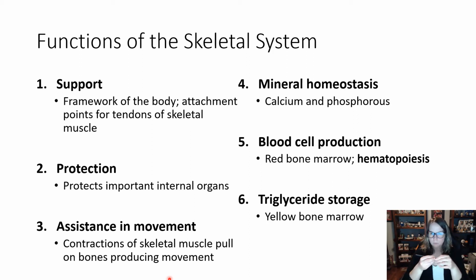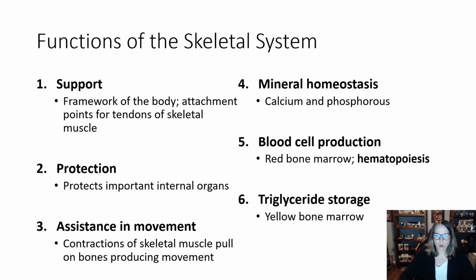So it's kind of interesting how we have different systems that are working together to create red blood cells. Now, red bone marrow is found at the ends of our long bones and in what we call flat bones as well. And its job is not just to produce red blood cells, but it's also to produce all blood cells essentially.